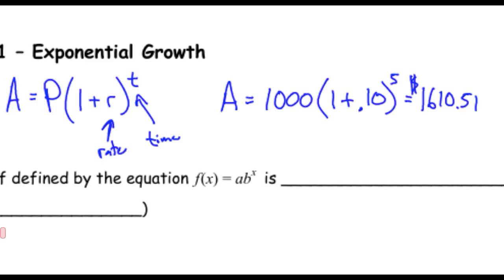But that's just it. Exponential growth: if we have a function f defined by the equation f of x equals a times b to the x power, where x is our independent variable, that is an exponential function.